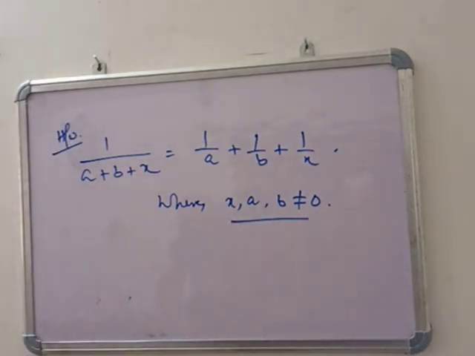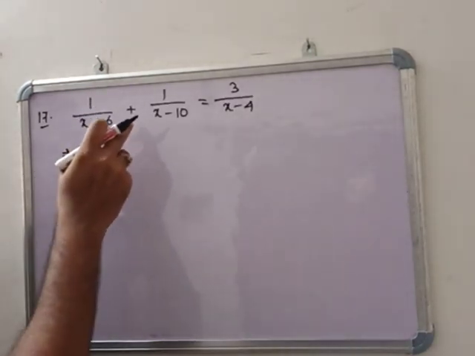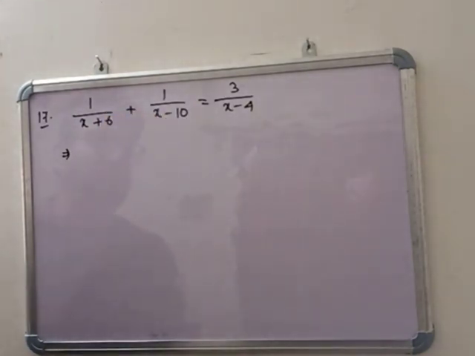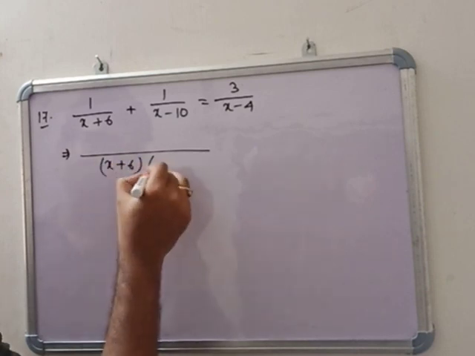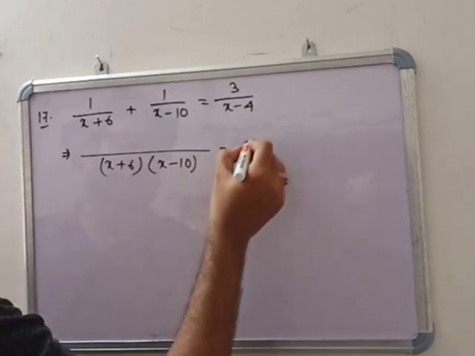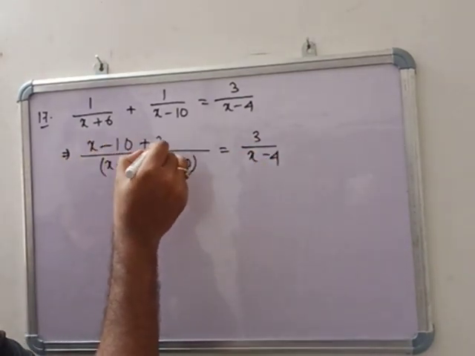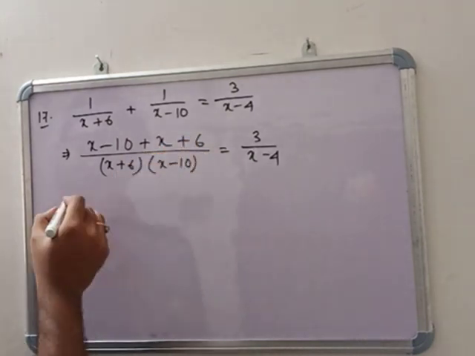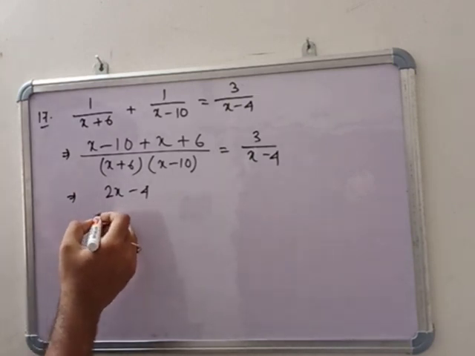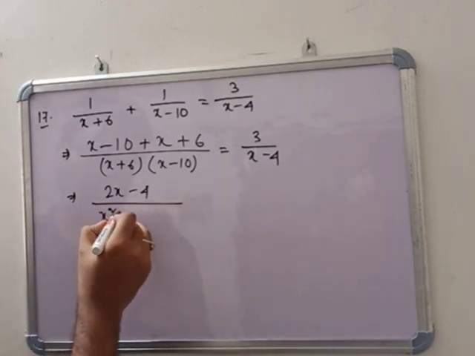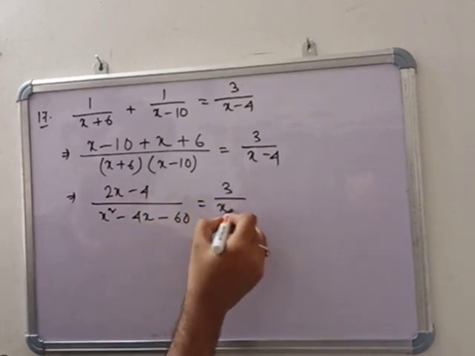Okay. Now, next one. Now in number 17, see that 1 by (x plus 6) plus 1 by (x minus 10) equals 3 by (x minus 4) given. Now normal LCM, so (x plus 6)(x minus 10). So that means x minus 10 plus x plus 6, that means 2x minus 4 by x square minus 4x minus 60 equals 3 by x minus 4.